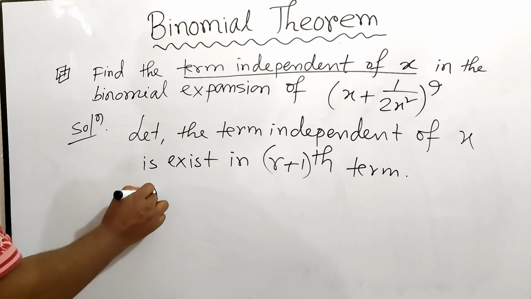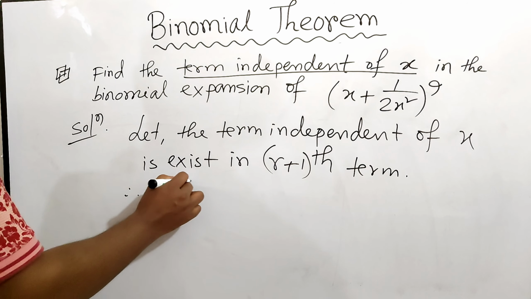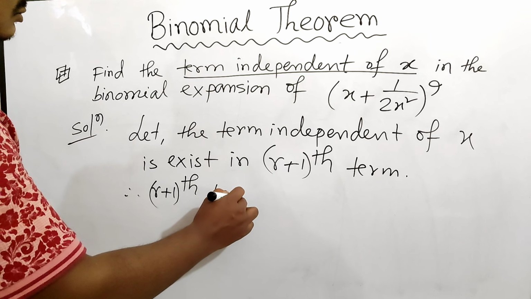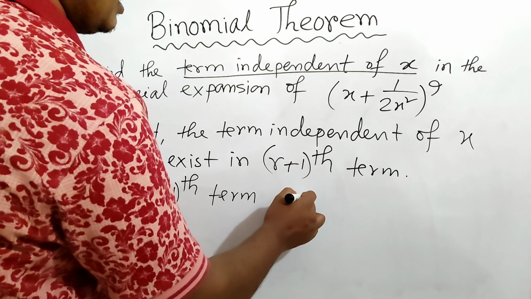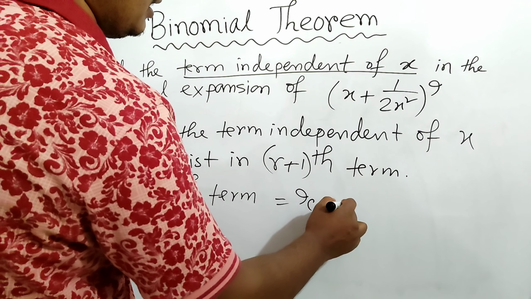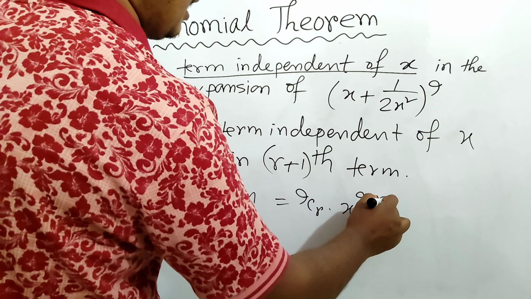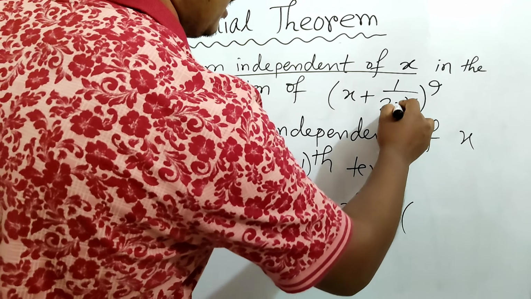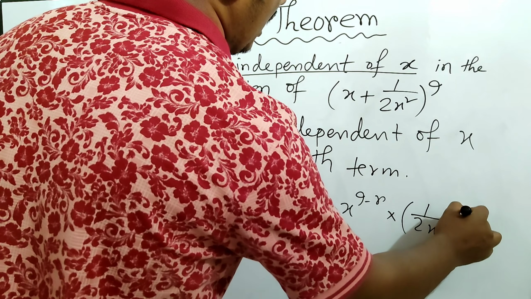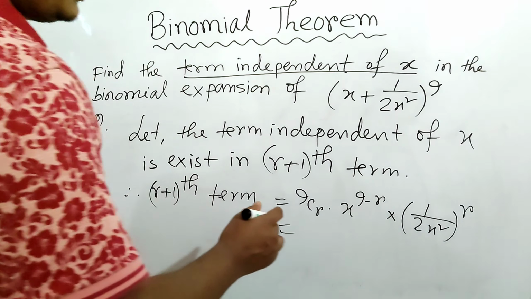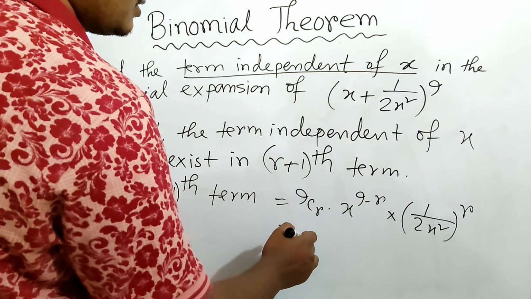The r plus 1 term in the expansion of this should be 9Cr x to the power 9 minus r, and here b is 1 by 2x squared, that is (1 over 2x squared) to the power r. Same thing, we just separate the power of x here.